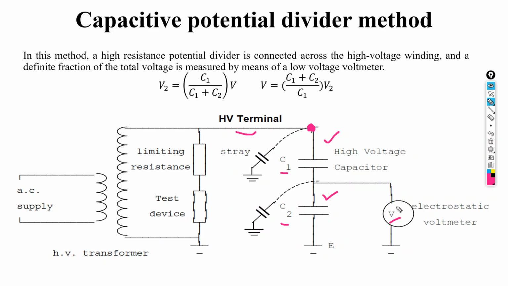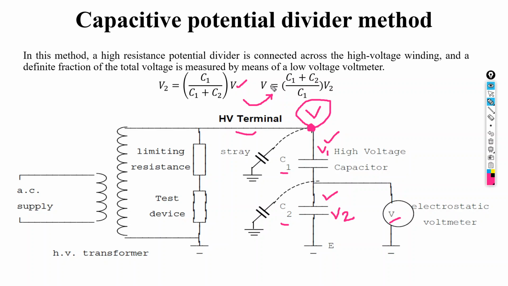And if the magnitude is more, we can use an electrostatic voltmeter there. In this case, the voltage drop across the capacitor C2 is given by V2, the voltage drop across the capacitor C1 is given by V1, and the voltage at the high voltage terminal is given by V. So using the formula V2 equals C1 by C1 plus C2 into V, we can find the voltage at the high voltage terminal.